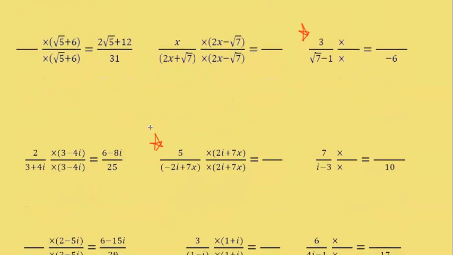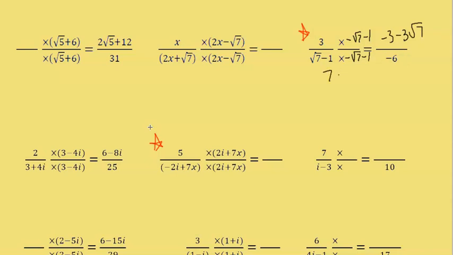Let's look at a few more examples on this page. Let's look at this one. So we have 3 all over square root 7 minus 1. The conjugate would be negative square root 7 minus 1. If we multiply this out, we get negative 3 minus 3 square root 7 all over negative 6.